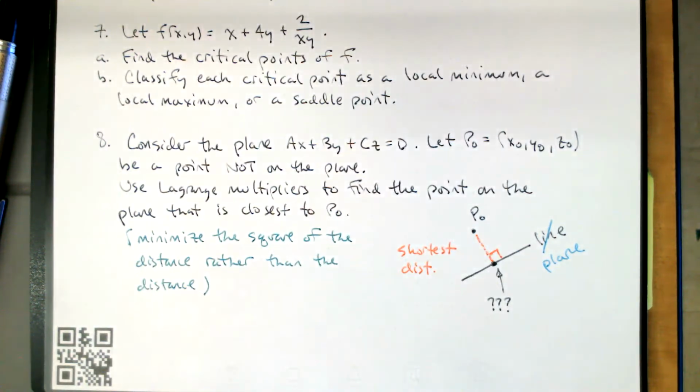Don't minimize the distance. Minimize the square of the distance and then just take the square root afterwards. Remember, the distance formula has the square root of x minus x naught squared plus y minus y naught squared plus z minus z naught squared. So minimize the square of the distance. Then you won't have to use the chain rule in your derivatives.